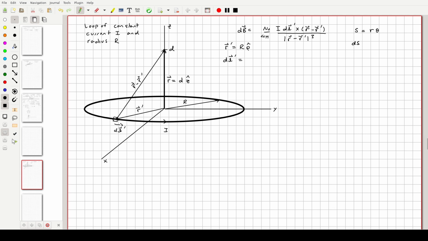So ds prime here would be the same thing as dl prime. r is constant, it has that value, and the only thing on the right-hand side that can change is d theta. If you look at its direction, though, its direction is along this right here. So that is the theta hat direction. So dl vector is equal to r d theta theta hat. Just like that. I'm going to put a prime here just to be consistent.